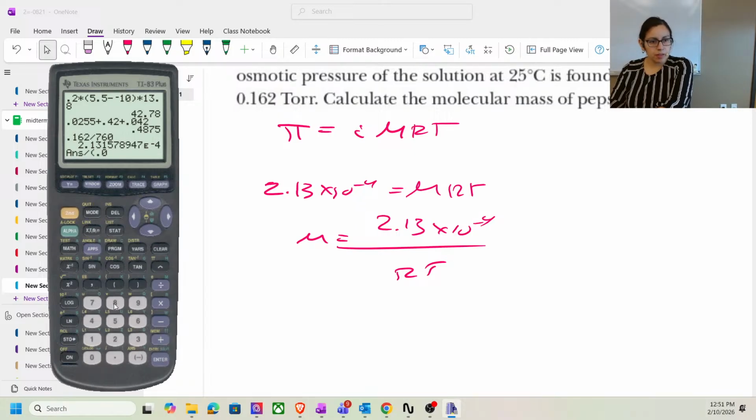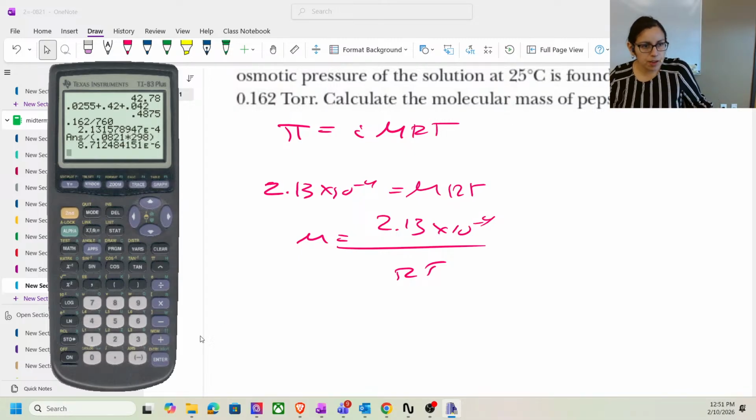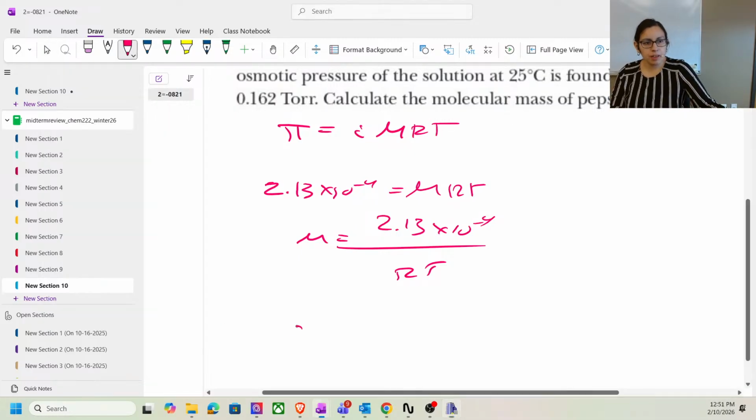So 0.0821 times our temperature in Kelvin, so 298. So then we get this for our molarity, something pretty tiny: 8.712 times 10 to the negative 6 moles per liter.